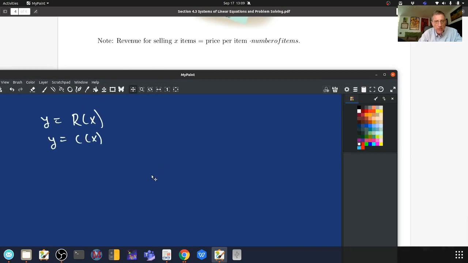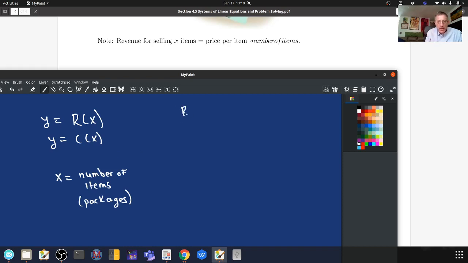So let's write out our revenue. Well, what is our x value? Our x is going to be, find the number of packages. So it's the number of items. In this case, those items are packages. But in general, it's the items sold, the number of bushels of corn, the number of crates of oranges.